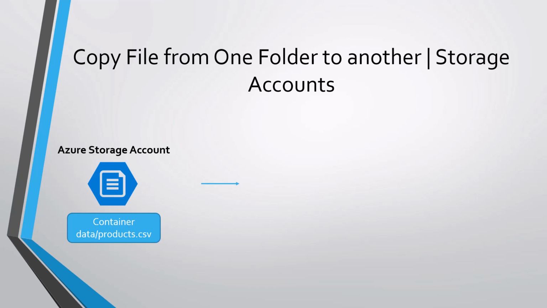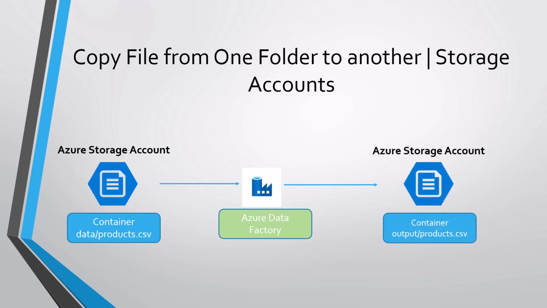We are going to copy that CSV file through Azure Data Factory. The Azure Data Factory would be able to read that file, and then this file is going to be put into the same Azure storage account, but into a different folder, might be an output folder. We'll just copy the products.csv from a source to a destination. So it's just like creating a copy of one file and moving it to another.